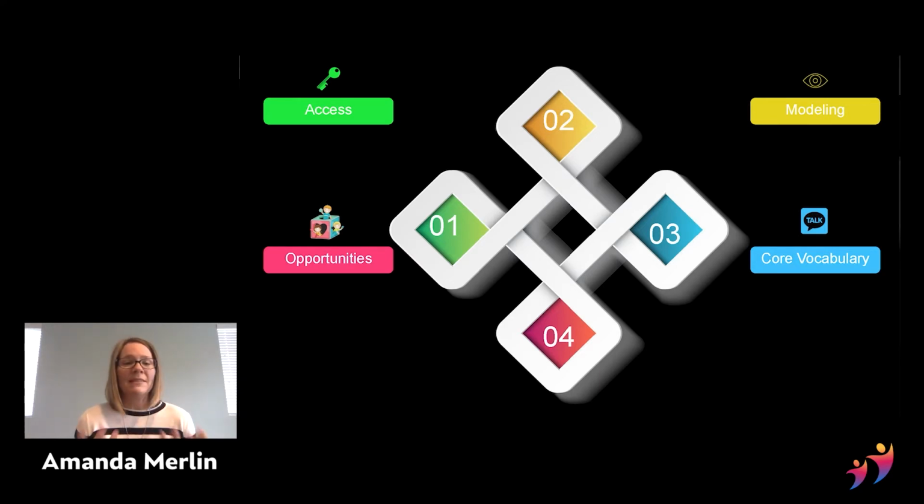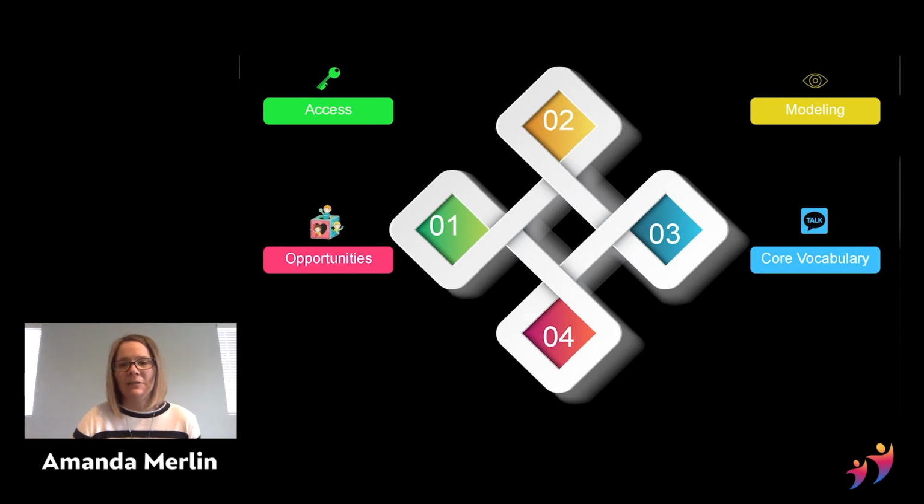In the same respect, we shouldn't expect our AAC users to start to communicate with us in symbolic language if we're only communicating with them in symbolic language for 20 minutes a week, or 30 minutes once a week, or even an hour a day. We have to have their systems out and available. They have to be accessible all day, every day, across environments, and we have to be using them.